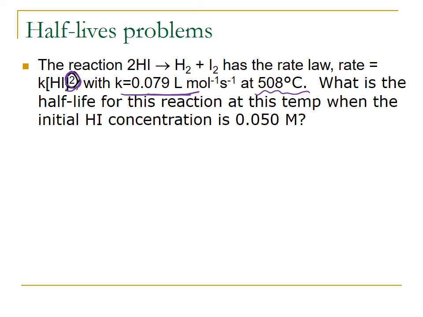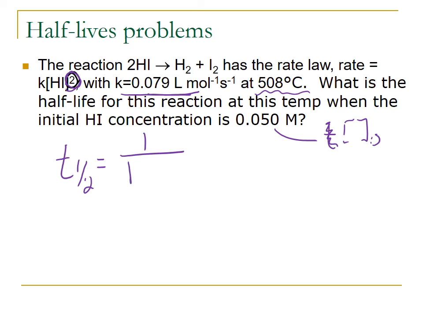Then it says, what is the half-life for this reaction at this temperature when the initial concentration, so this is your initial concentration, is 0.05 molar. Now, because we know this is a second order reaction, all you have to do is find the equation that works.